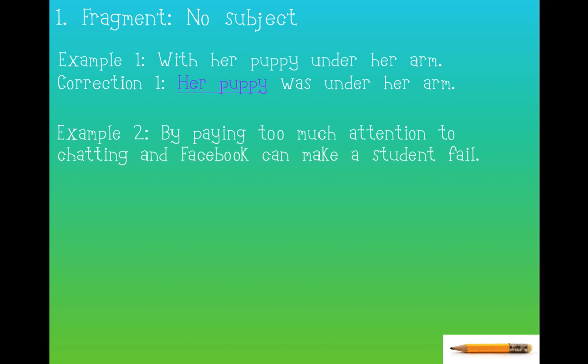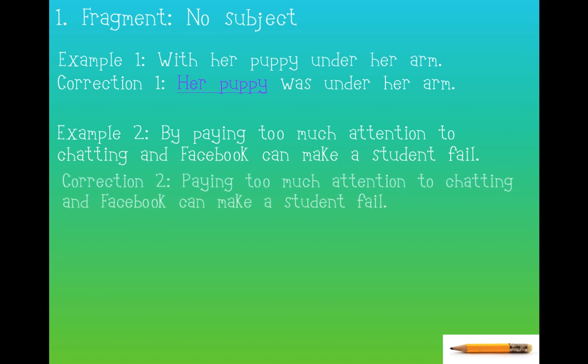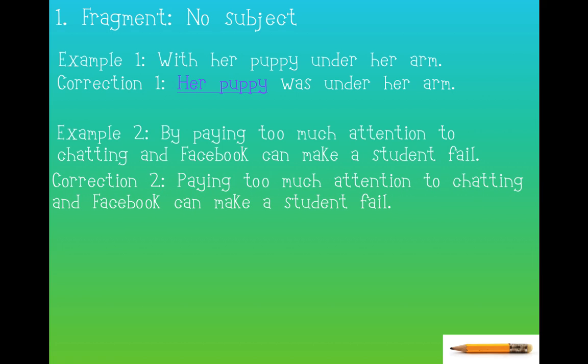Okay, fragment example number 2. By paying too much attention to chatting and Facebook can make a student fail. Fragment, no subject. So let's look at the correction. Paying too much attention to chatting and Facebook can make a student fail. So in this correction, we again took away the prepositional phrase by.